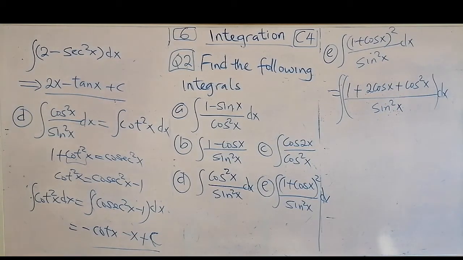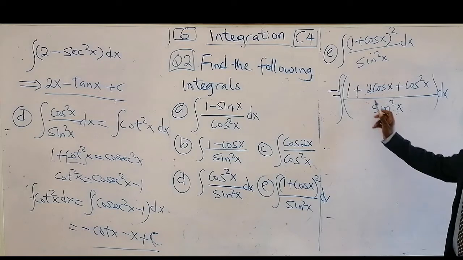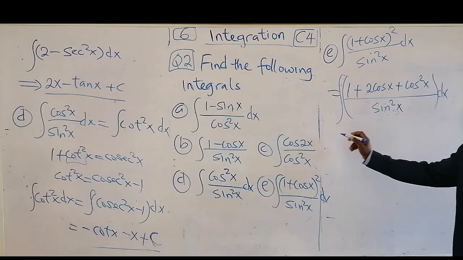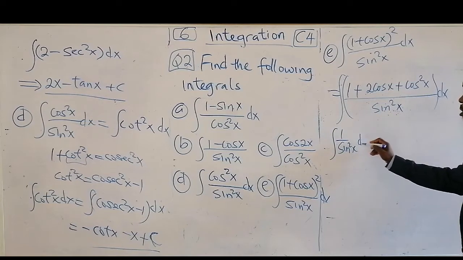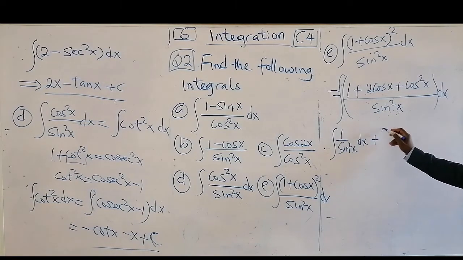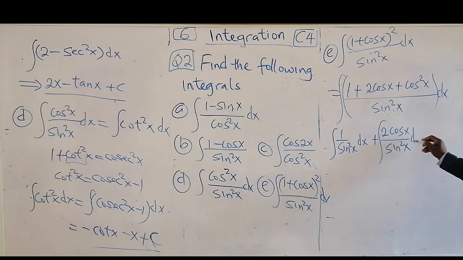Then do the algebra: this implies the integral of 1 over sin squared x dx, plus 2 cos x over sin squared x, plus the integral of cos squared x over sin squared x dx.